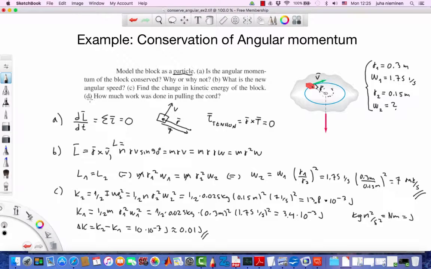And D, how much work was done? By the conservation of energy, the work done on the object is, in this case, just the change in the kinetic energy of the object. So same amount, 0.01 joules. We neglect friction, for example, that is acting between the ice surface and the particle or the block.